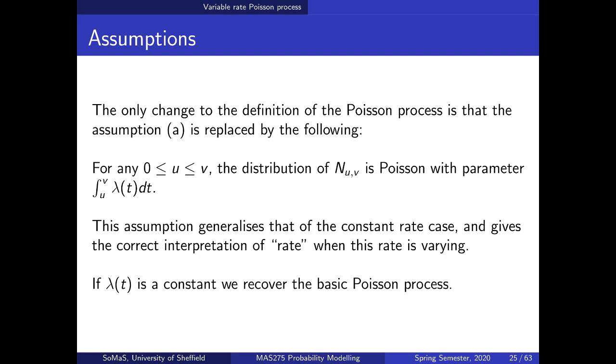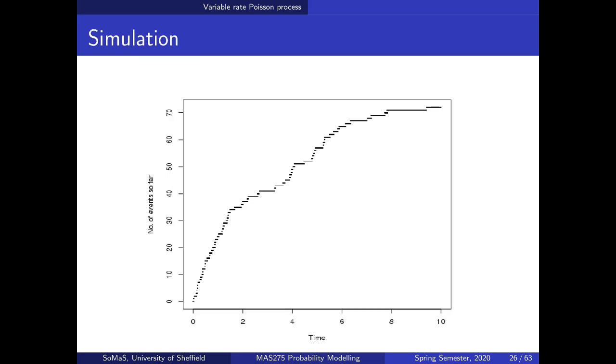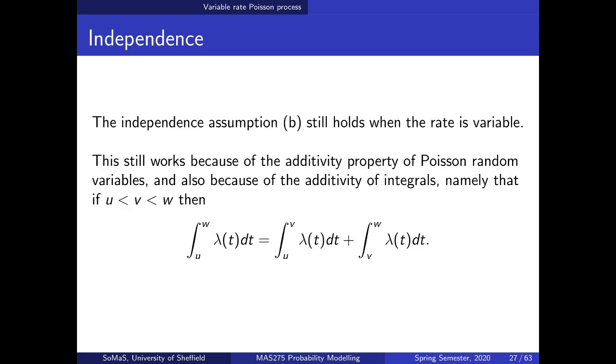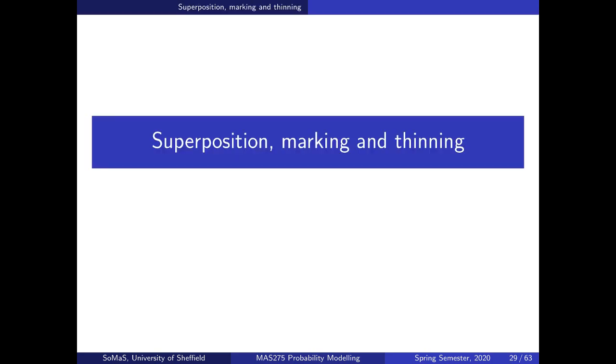Instead, it's the integral of the rate lambda over this interval. Apart from that, things are the same, so there's no need to worry. Just remember that definition A changes the length of the interval to the integral of the rate over this interval.